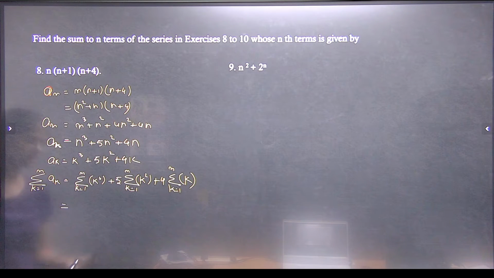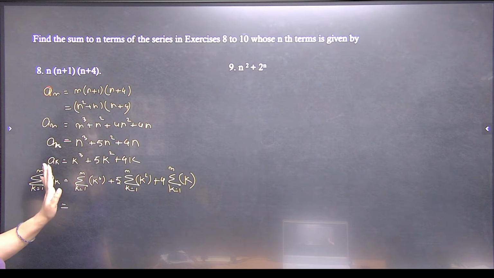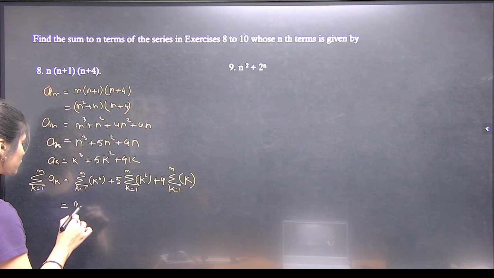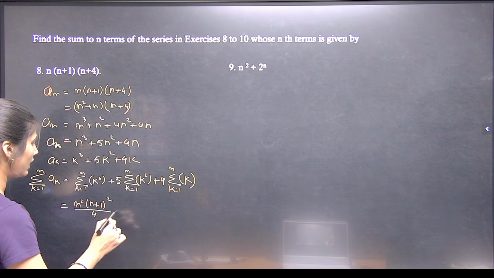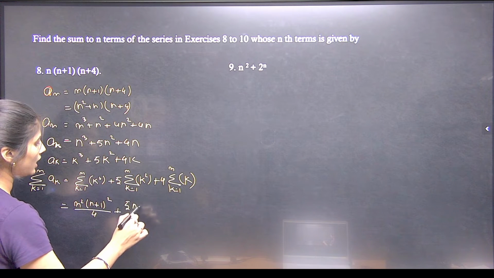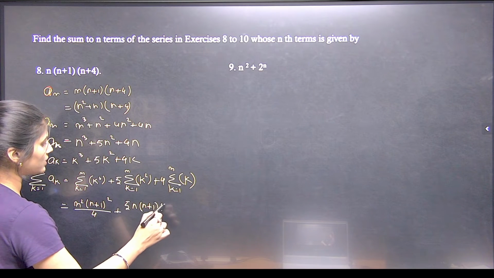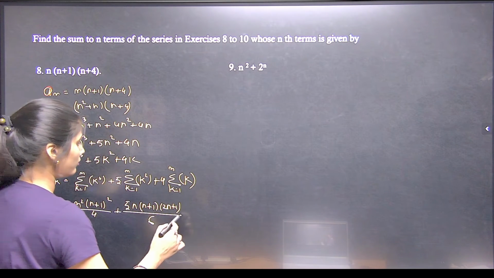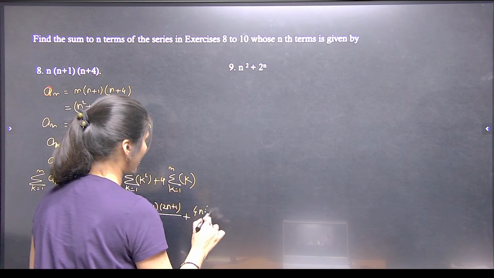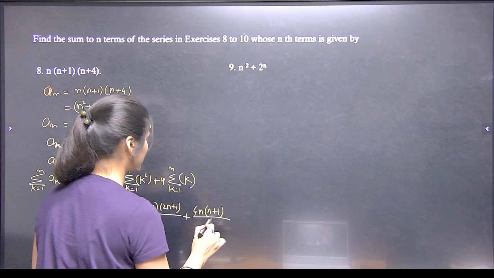Now see, what is the formula for this? Sum of cubes of natural numbers is n square (n plus 1) whole square by 4, and then we have n(n plus 1)(2n plus 1) by 6, and then we have 4 into n(n plus 1) by 2.